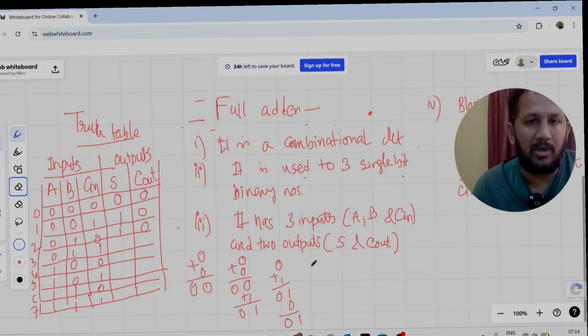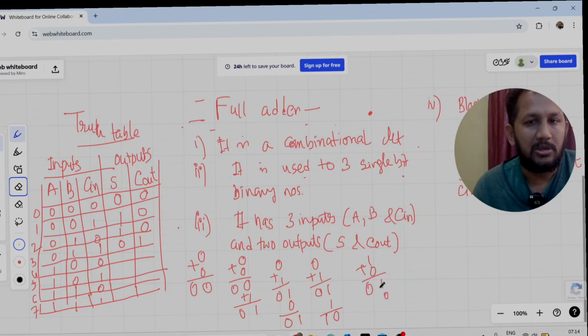Next 0, 1, 1. 0 plus 1 is sum 1, there is no carry. Then we add this 1, 1 plus 1 is 0, and there will be a carry, meaning 1, 0. Next 1, 0, 0: 1 plus 0 equals 1, there is no carry.